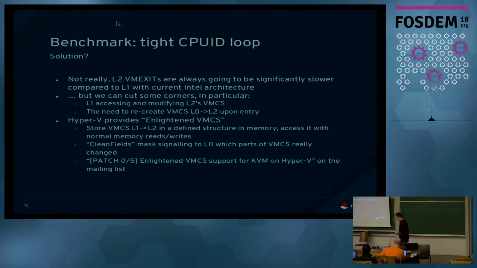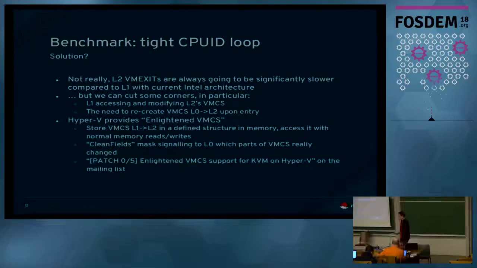Well, we cannot make it as good as an exit from level 1 because of these architectural limitations. We will always be trapping into level 0. Level 0 will always be performing some work for us, then merging these VMCSs and resuming the guest, and each exit will cost us significantly more than what it costs us on level 1.